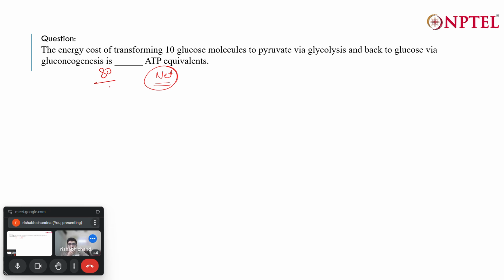Okay. So in glycolysis, one glucose molecule forms two pyruvate molecules, which requires addition of two ATP molecules and releases four ATP molecules.